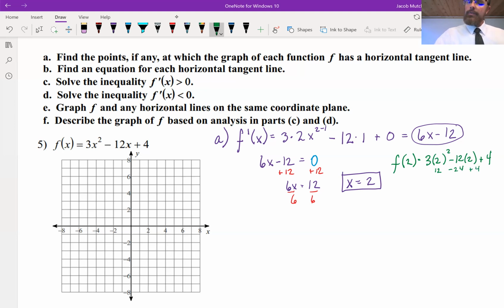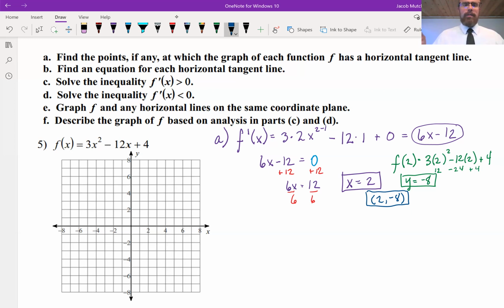If I add and subtract those three values, 12 minus 24 plus 4, that's going to be negative 8. So the y value is negative 8. I could put those separately, or I could bring them together as a coordinate pair, (2, -8). That is the point where the original function has a horizontal tangent line.